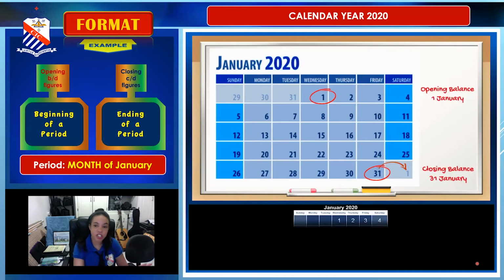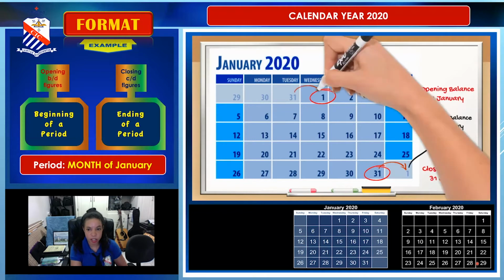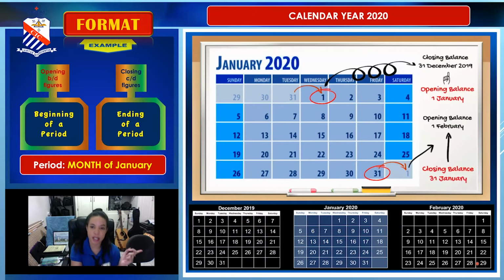Now, it's something to note. Remember, your closing balances become your opening balances for the following period. In this case, the following period would be February. And where did we get our opening balance for January? It would have been from the previous period, which would have been in 2019. It would have been the last date in 2019, which would have been the 31st of December.